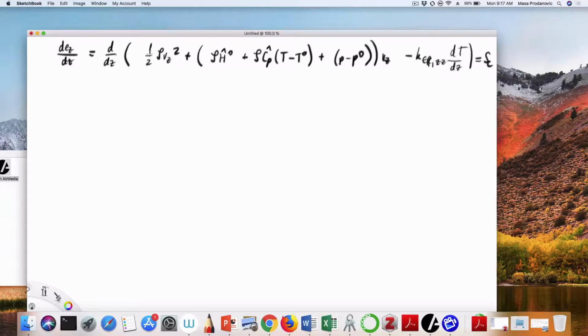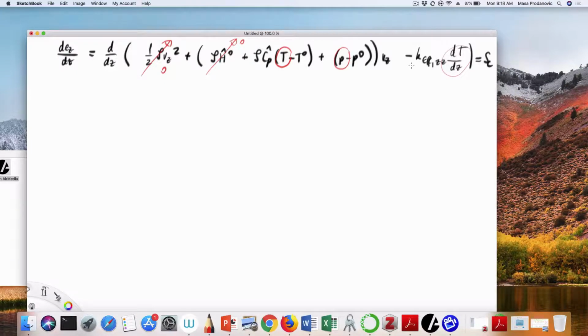Since the derivative of Vz is equal to 0, by chain rule this is going to go to 0. This is a constant, so this is going to go to 0 once I take a derivative. The ones that depend on z are T, then p, and this term here.